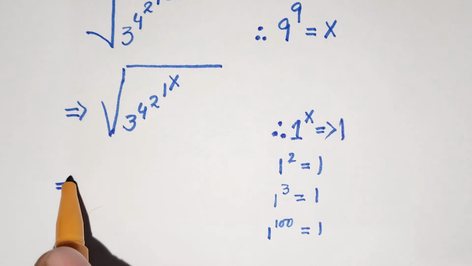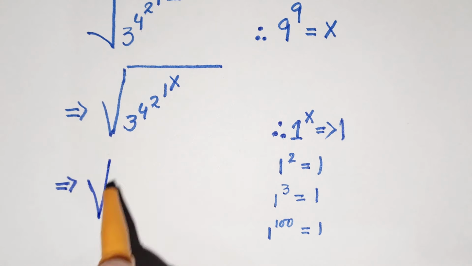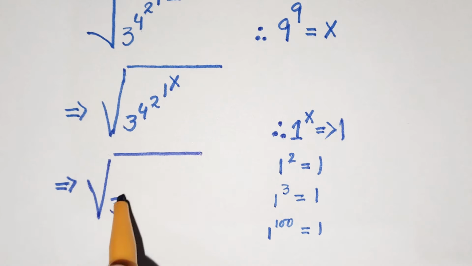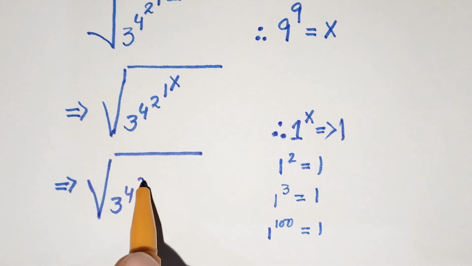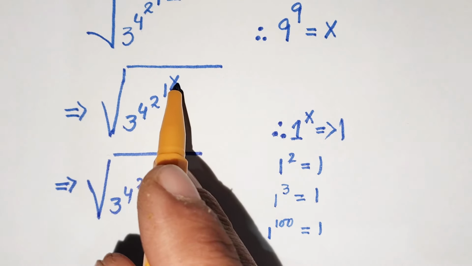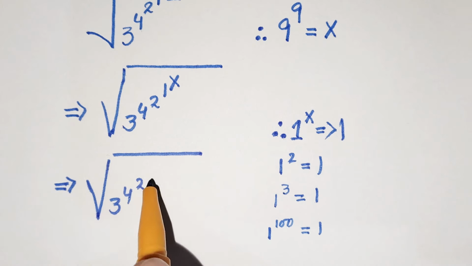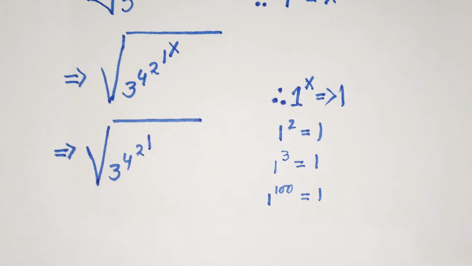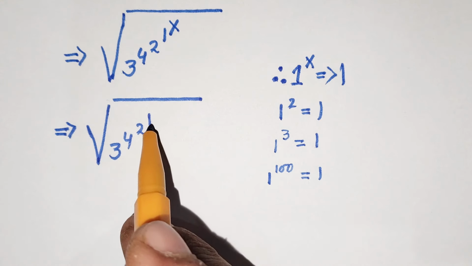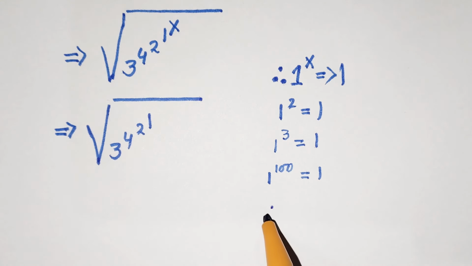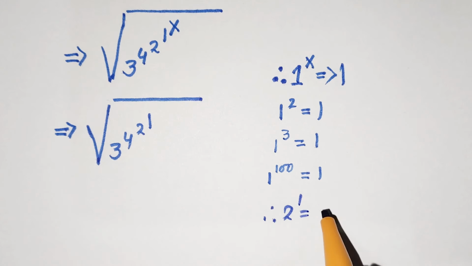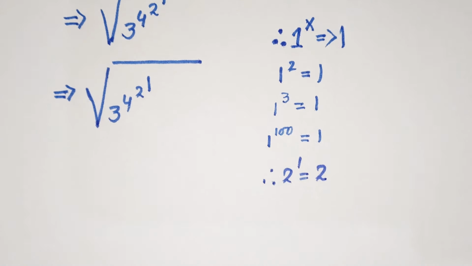Putting here, we get the result: square root of 3 raised to the power 4 to the power 2, and here 1 raised to the power x is equal to 1. Now we see that here 2 raised to the power 1. If we have any number having power 1, then it is actually that number.